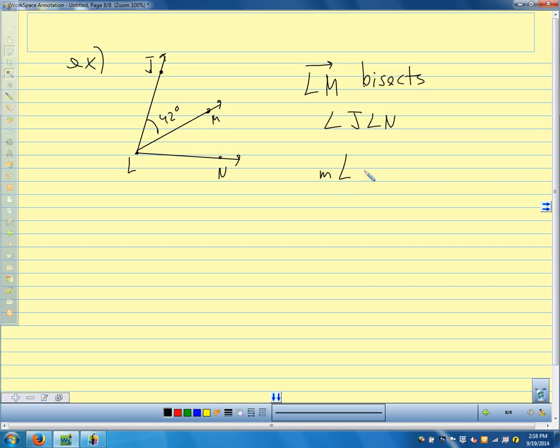So what's the measure of angle MLN? What's the measure if this bisects JLN?